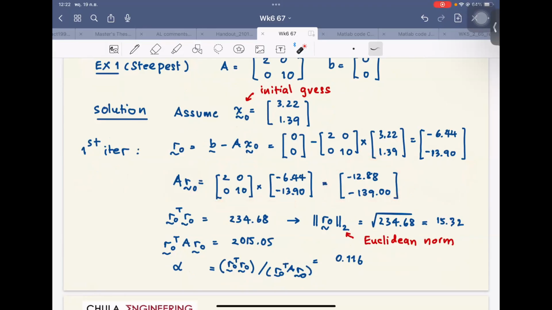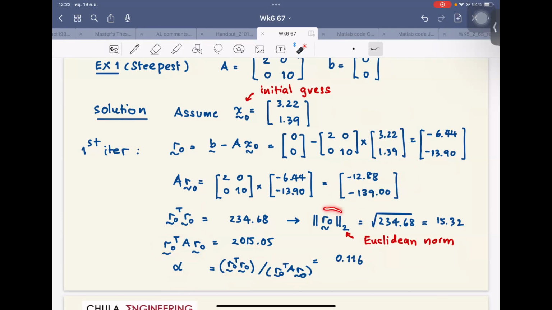Okay. And to get alpha, you need r transpose r divided by r transpose Ar. r transpose r will give you a scalar, right? And r transpose Ar, with Ar here. So you calculate alpha. And notice that the dot product of the residual vector is actually the square of the Euclidean norm.